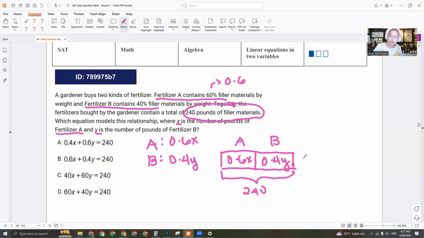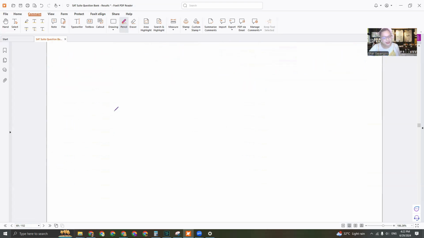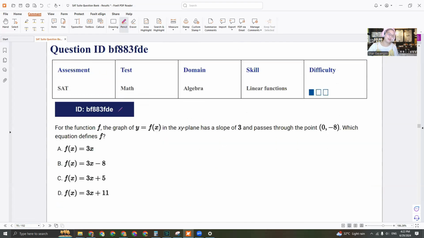And that's why your equation should be equal to the sum of these two equal to 240, which in this case, we have letter B. So just be very careful because A is close to these terms, right? We've just flipped the coefficient. So just be careful about that. Those slight things that we sometimes get penalized for, even when we honestly don't deserve it. So be careful about that.